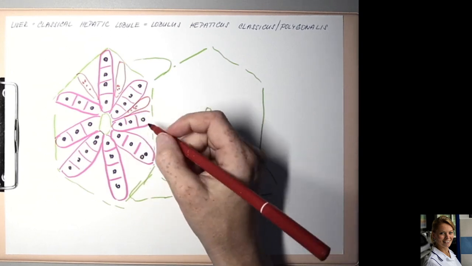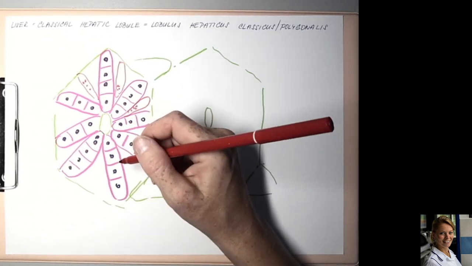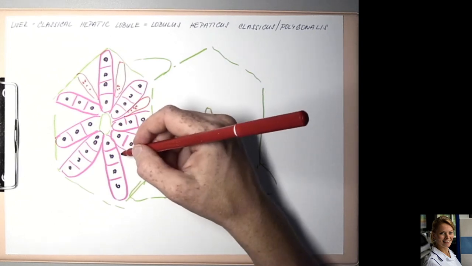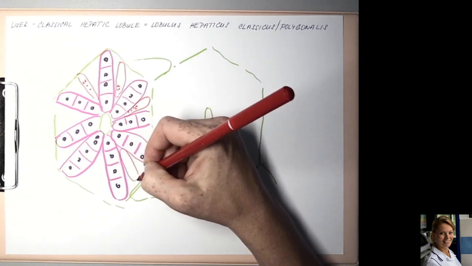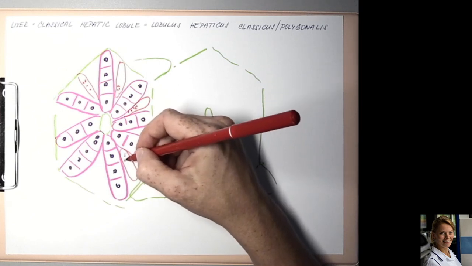The fenestrations and pores are important for increasing the rate of transport and to allow large molecules.